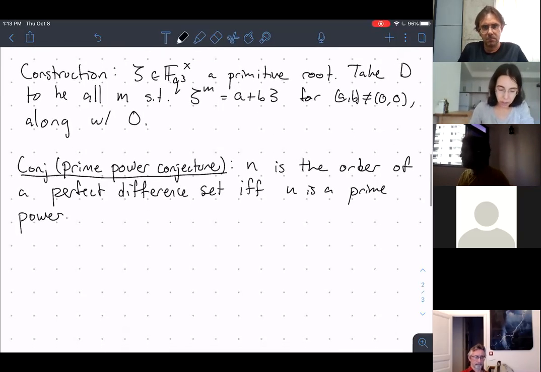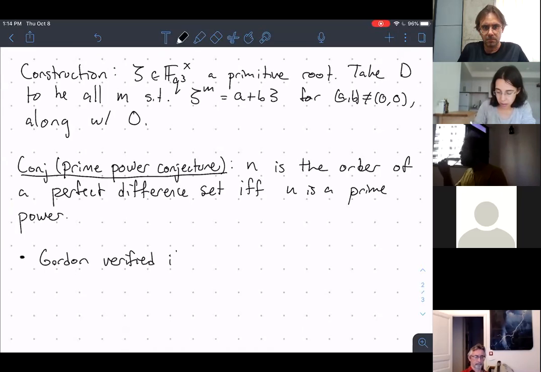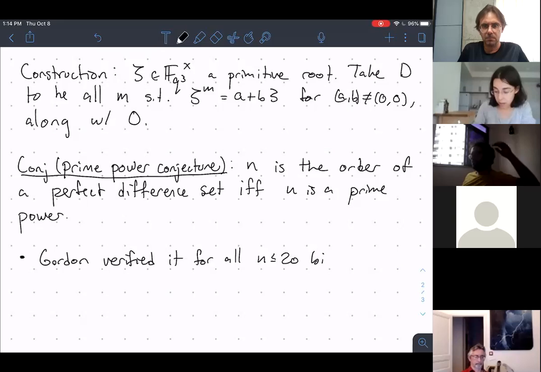So what's known about this conjecture? Gordon very recently has verified it computationally for all n below 20 billion. It's more generally conjectured that all finite projective planes have prime power order.